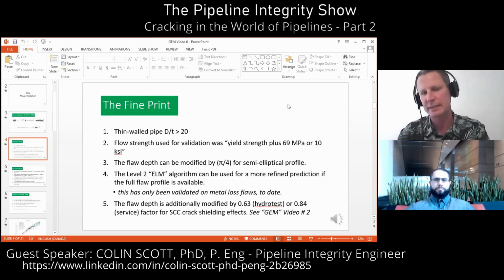And when you translate that into the K-squared, like we have in the equation, or if you're working with a J integral, that actually reduces things by between about 20% and 50%, which is huge, right? That's a big amount. Yeah, I would say I've never seen a model take into account what you're saying in terms of SCC crack shielding.